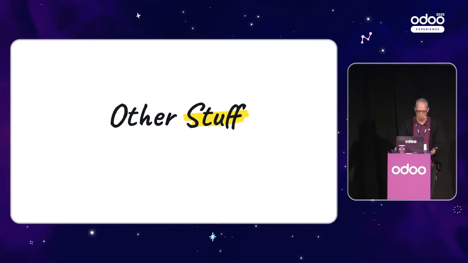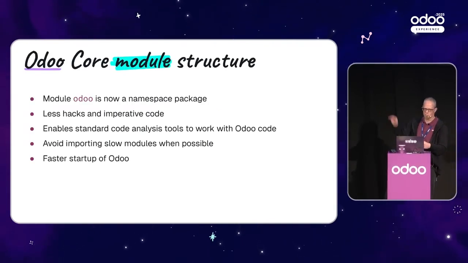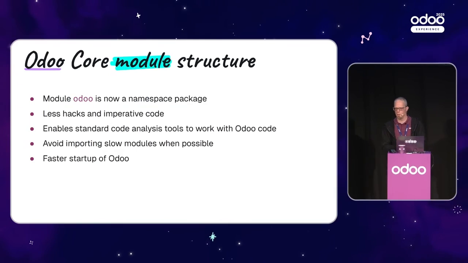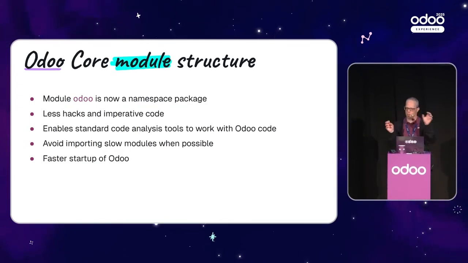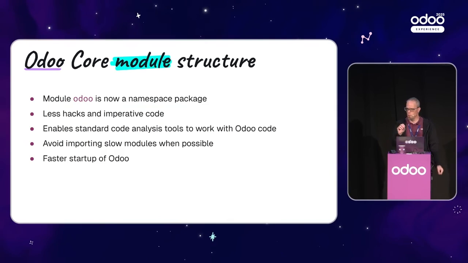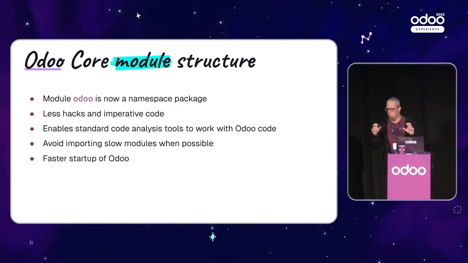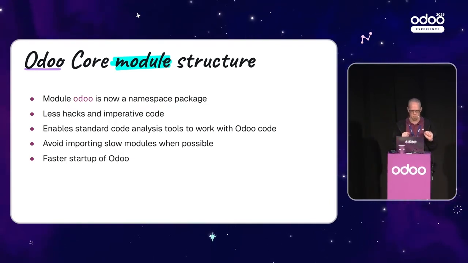I'm going to jump to other stuff, quickly going through. We've reworked the module structure of the odoo module, the one you import in your code. We made it a namespace package, and we've removed quite a bunch of hacks and used standard Python practice instead.